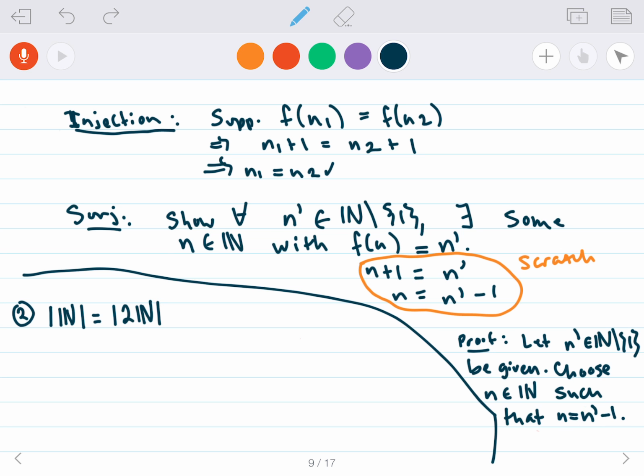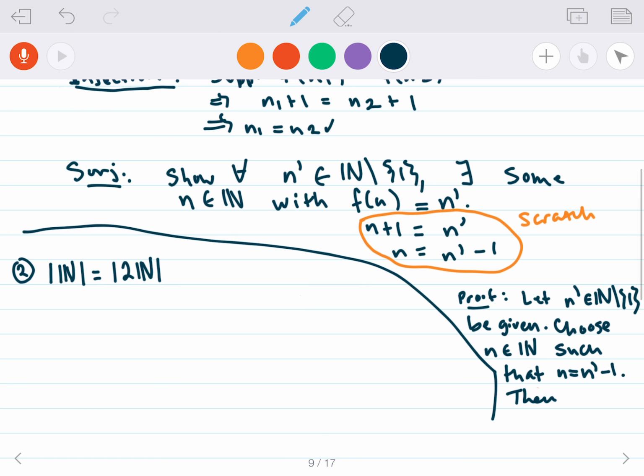Little n prime is going to be bigger than or equal to 2. Then f of n is equal to n prime. Okay?